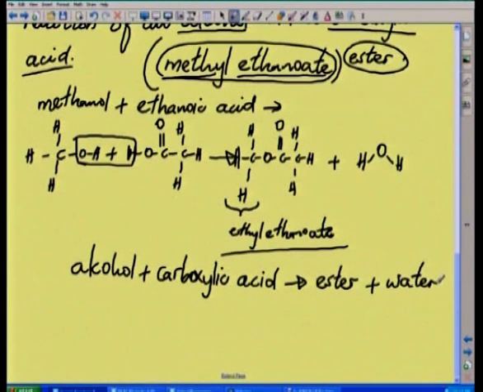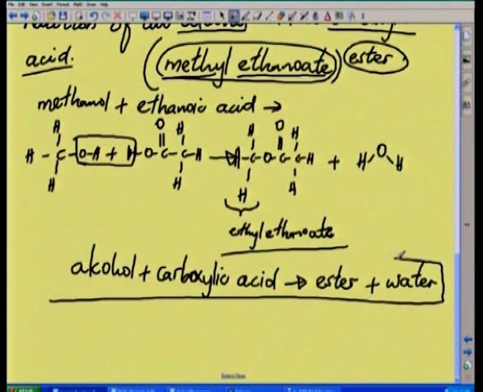That's generally the equation for esterification. Right.